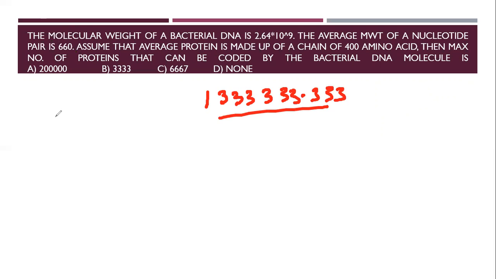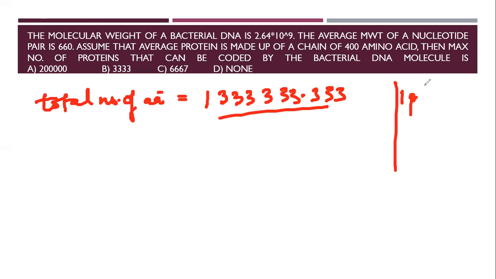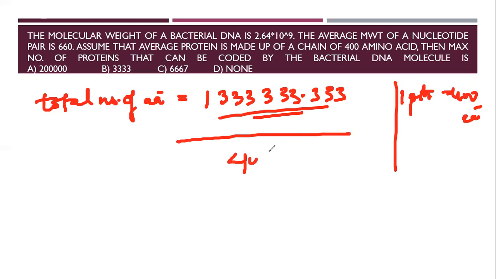So this many total number of amino acids I got, right? On an average, one protein is 400 amino acids. So these many amino acids will give you how many proteins? Simple. Divide by 400.